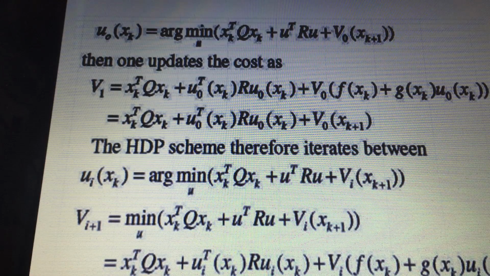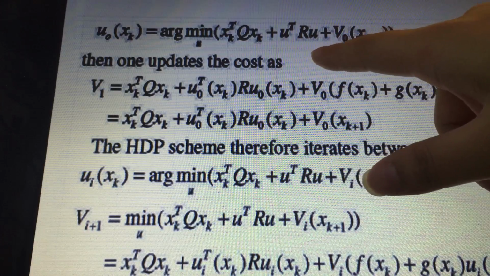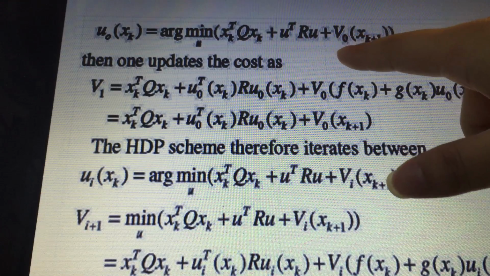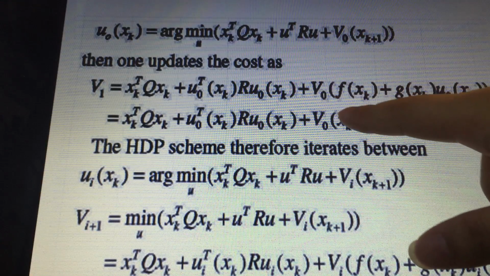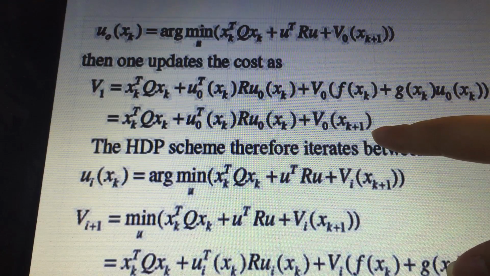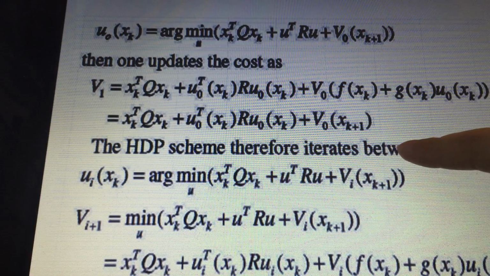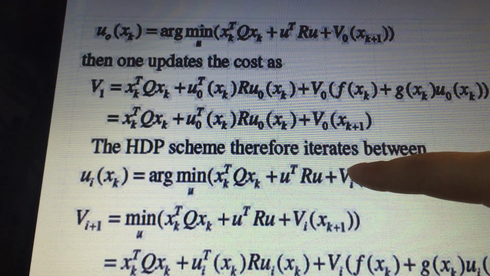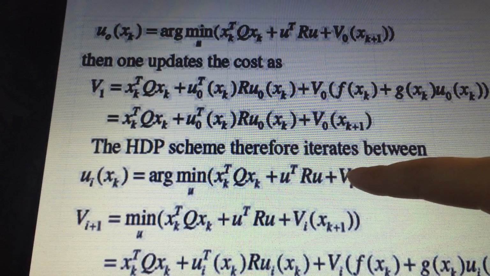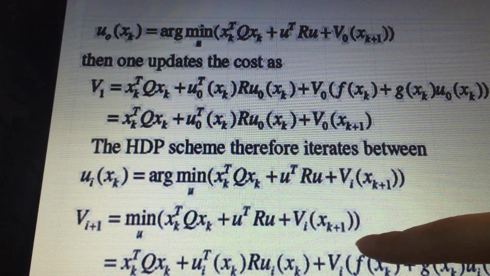As the control u norm is equal to the minimum of the quadratic functions, then the cost V1 will be defined. And we use the HDP to get the iterated state of the cost value functions.